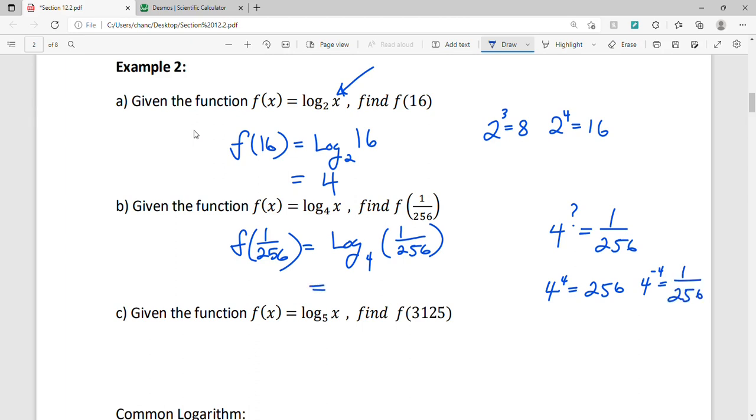And so log base 4 of 1 over 256 is equal to negative 4. I know 4 to the 4th is 256, but we needed a fraction. That's why we use negative 4.